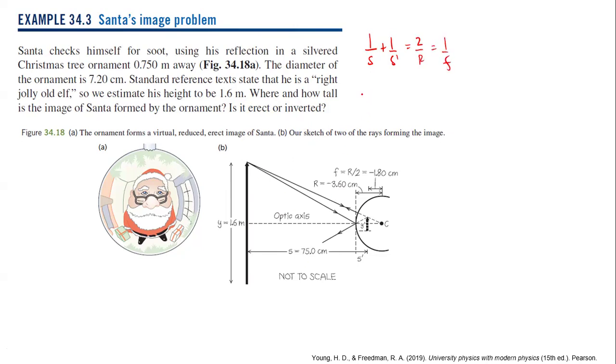So the radius r, by the rules, is negative, which is equal to the diameter, negative 7.20 centimeter over 2, which is negative 3.60 centimeter. So why is it negative? You follow the rule.